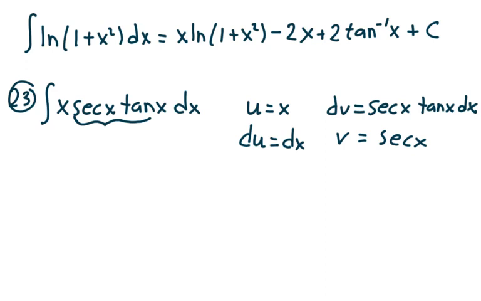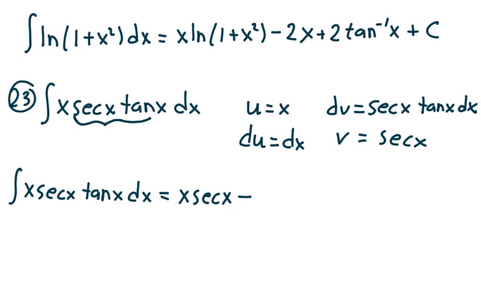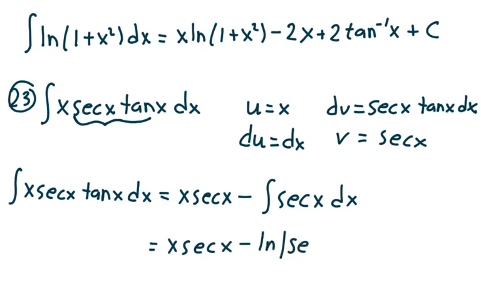And so the integral of x secant x tangent x dx is x secant x minus the integral of secant x dx. And I'm done. And so this is x secant x minus natural log of the absolute value of secant x plus tangent x, plus c.